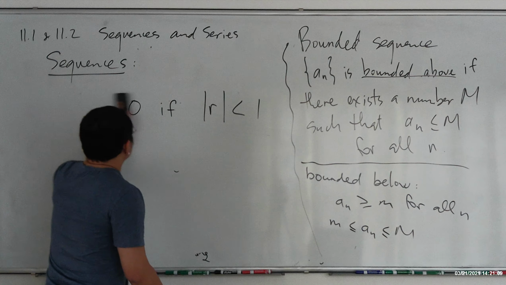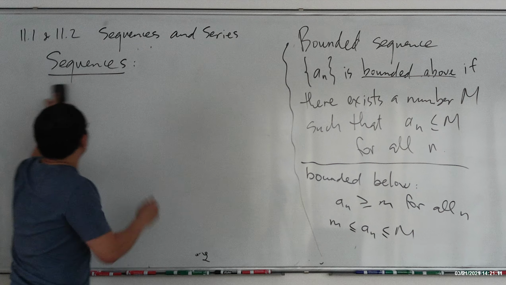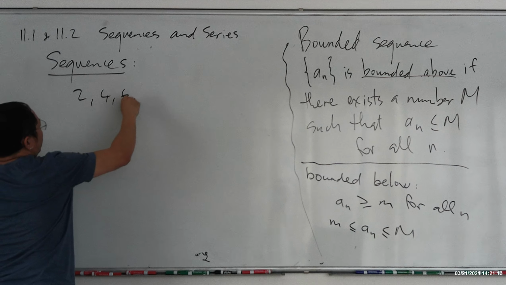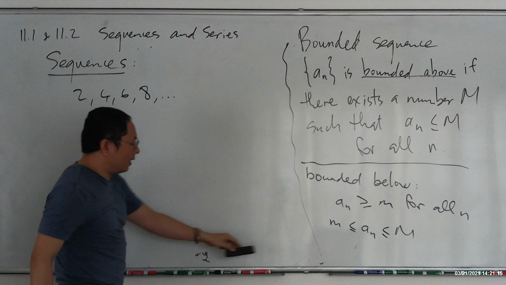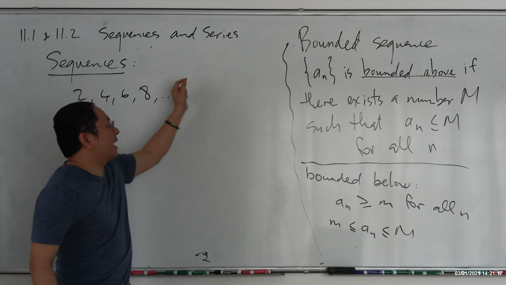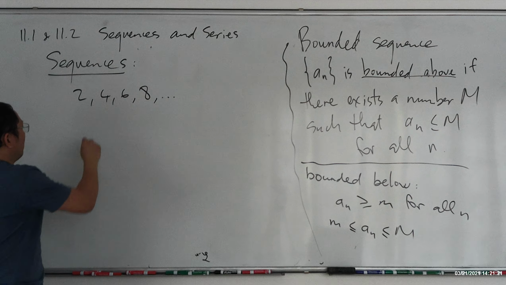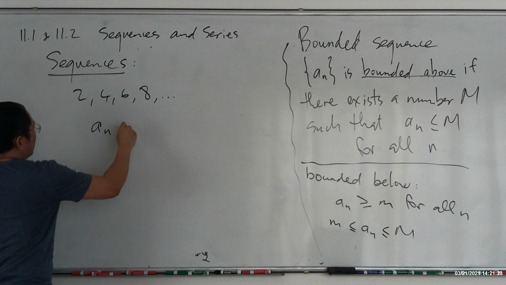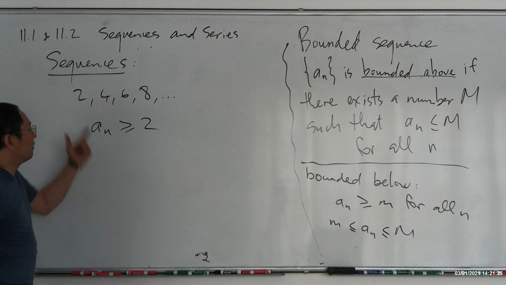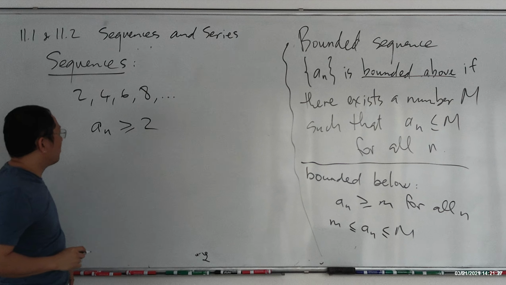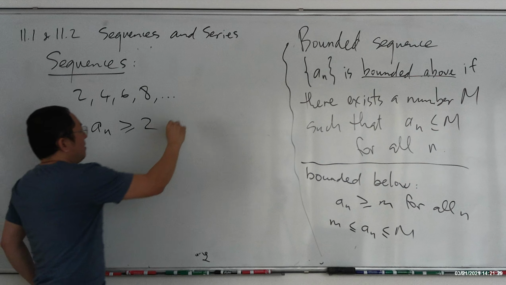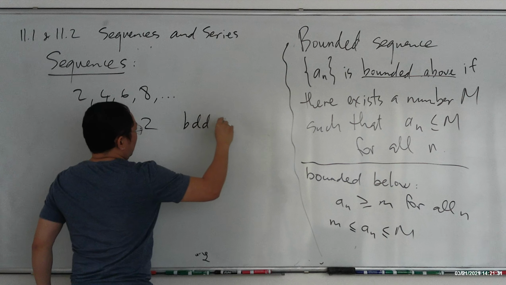Example. This is the sequence: 2, 4, 6, 8, and so on. This one is not bounded above because it's getting bigger and bigger. You never find a biggest term, but this is bounded below because an is greater than or equal to 2 for every term, right? So this is like your little m right here. So this is bounded below.